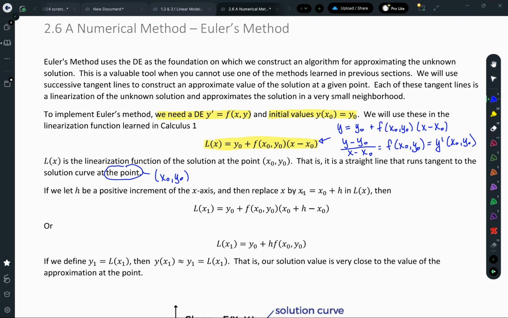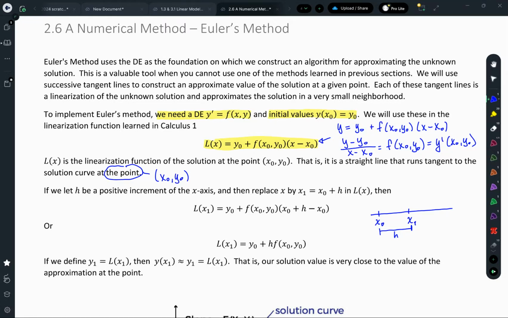So that's saying that the first x value will be replaced by x naught plus h in L of x. And if we think of that along an x-axis, if this was x naught, and this next value is x1, then the difference between x naught and x1 is just some small value h. Okay, so that's where that's coming from.